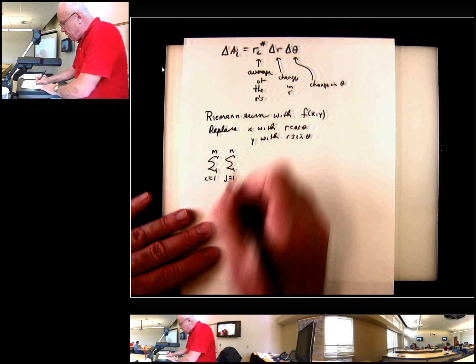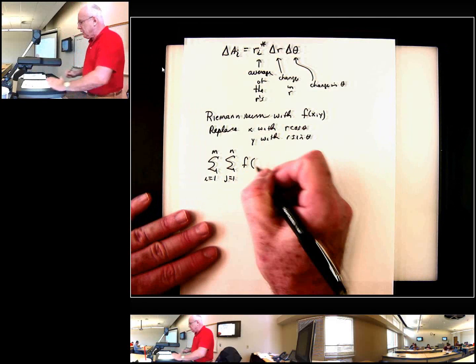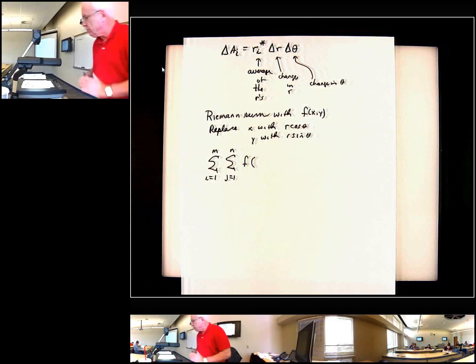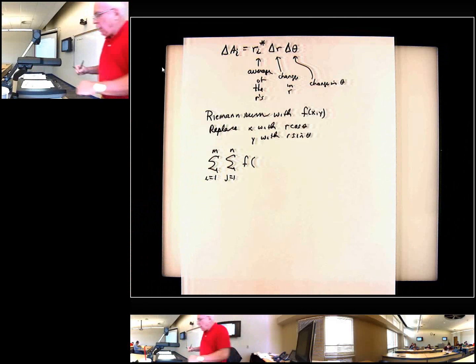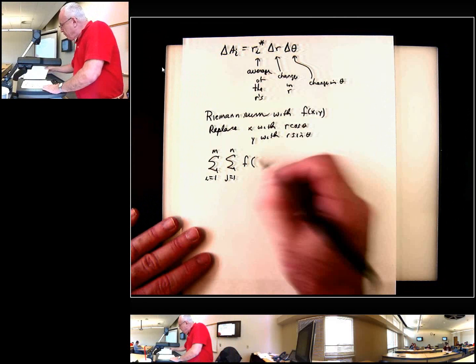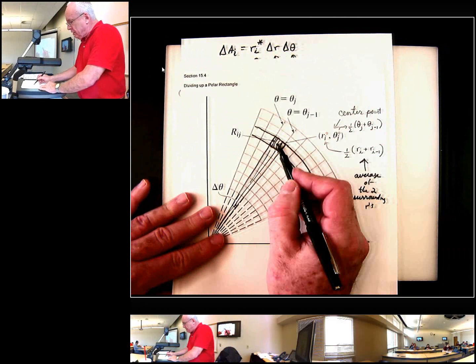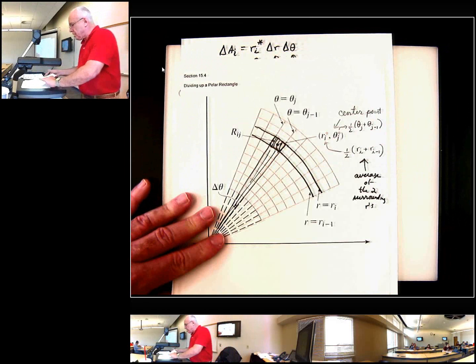Now we're summing up the value of our function, and we're replacing the x and y with r cosine and r sine. But we want to evaluate our function at that very center spot right there in the middle of that little rectangle.